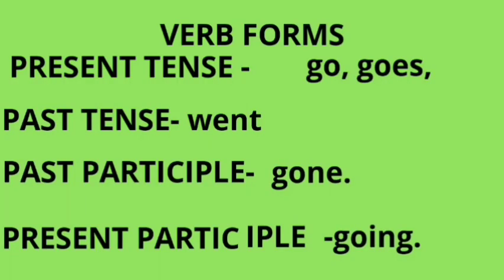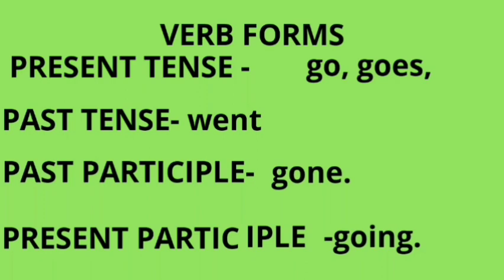Last year we learned about verb forms: present tense, past tense, past participle and present participle. Present tense, for example, go. Go is a present form used with I, we, you and they. That is first person singular and plural, second person singular and plural and third person plural alone. We should write the present form without adding s.